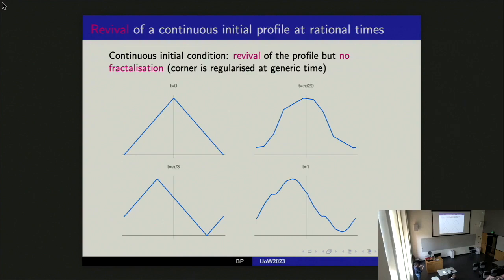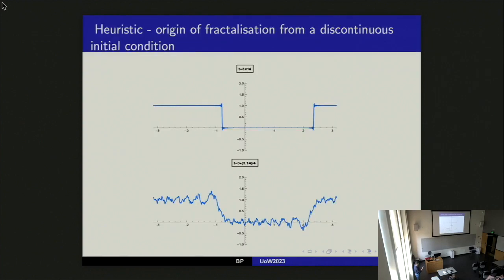Here I've chosen a feature that I could pick again in the solution. If you have a generic function, maybe you don't pick the feature out so easily. But that shows very clearly that that's always valid. Whereas, as I said, if you start with something that has a discontinuity at the beginning, and here I've zoomed in on the solution at 3 pi over 4, for example, you see that at this exact time, it will have discontinuities.